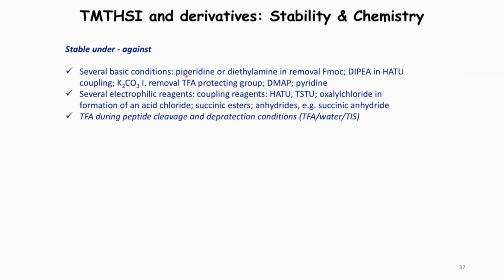Under several basic conditions, piperidine, diethylamine used in the removal of Fmoc, conditions which are also used in the peptide chemistry, removal of protecting groups by potassium carbonate. Basic conditions are very good for using the TMTHSI. But even electrophilic reagents, coupling reagents, oxalyl chloride are very nicely in agreement with the use of TMTHSI.